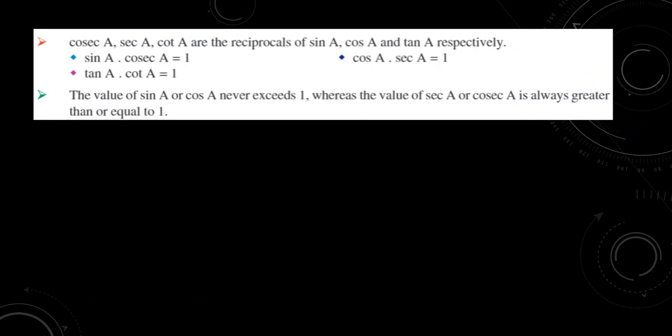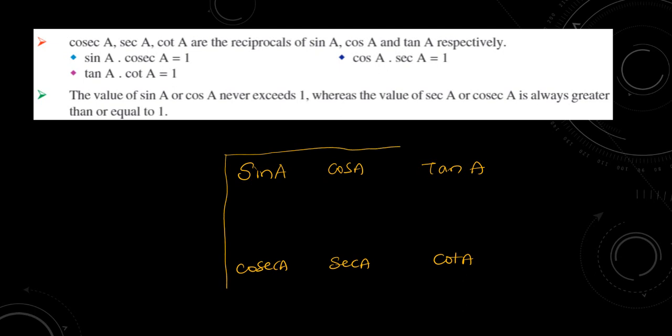Next, moving on, one more thing. Here I am going to explain that particular table clearly. First of all, write sin A, next cos A, and then tan A. The reciprocal of sin A is cosecant A, the reciprocal of cos A is secant A, and the reciprocal of tan A is cot A. First you need to understand these things, and using this I am going to frame out a table, right?